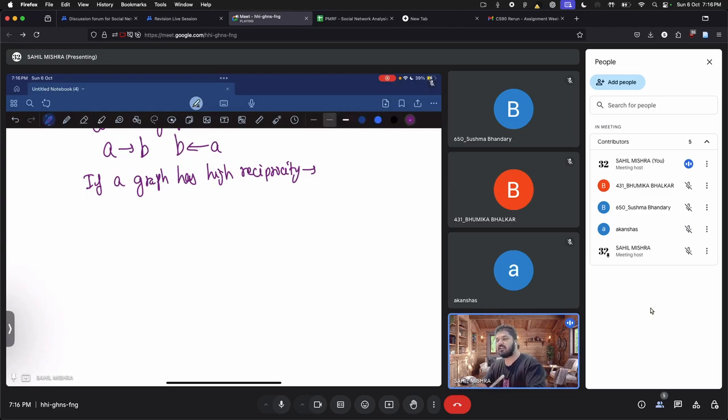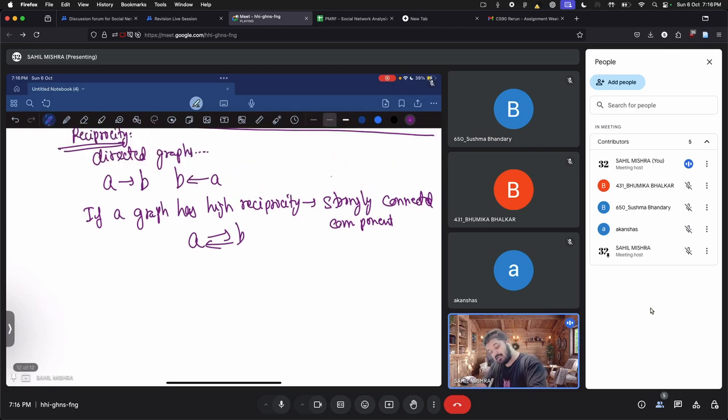High reciprocity means if an edge exists from A to B, then it exists from B to A. This means it's a strongly connected component. Okay. So if a graph has high reciprocity, it means it is headed towards a strongly connected component. What is the definition of a connected component?